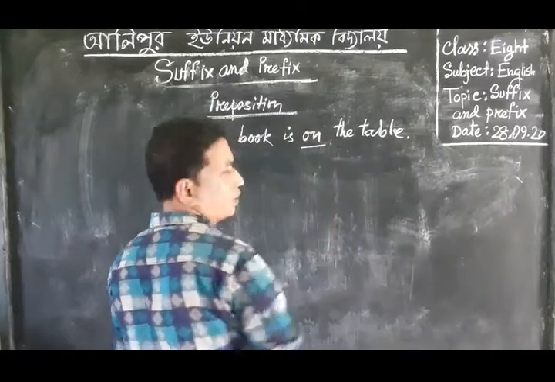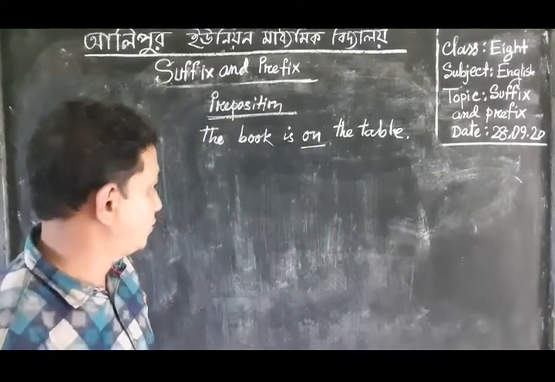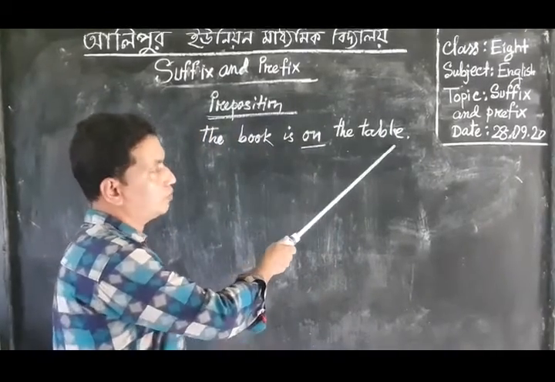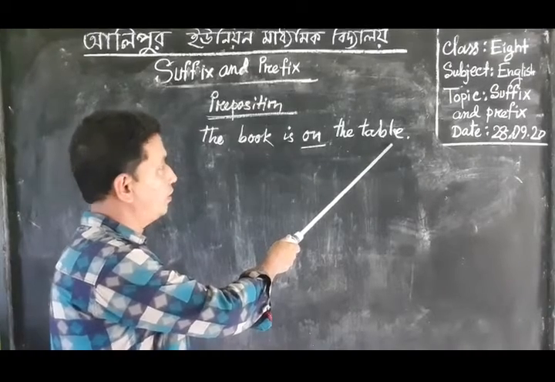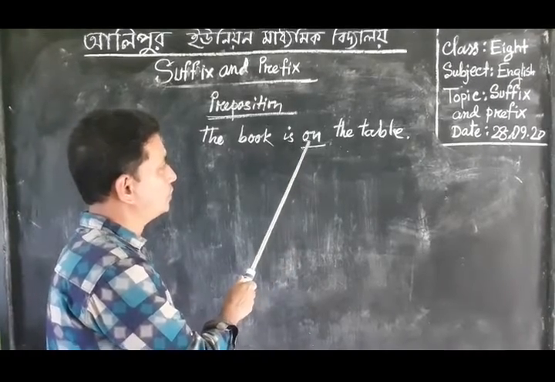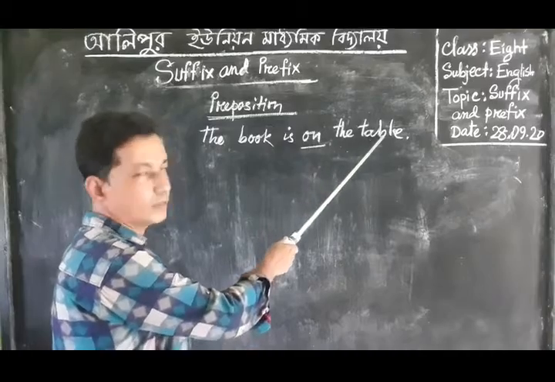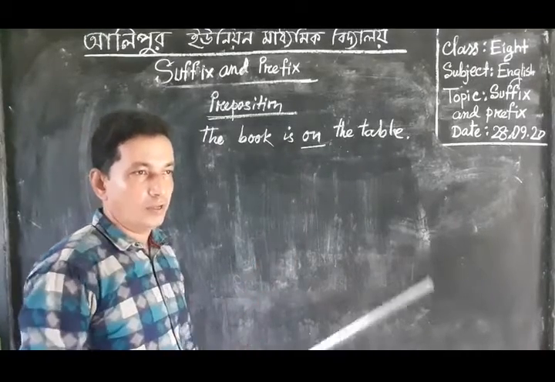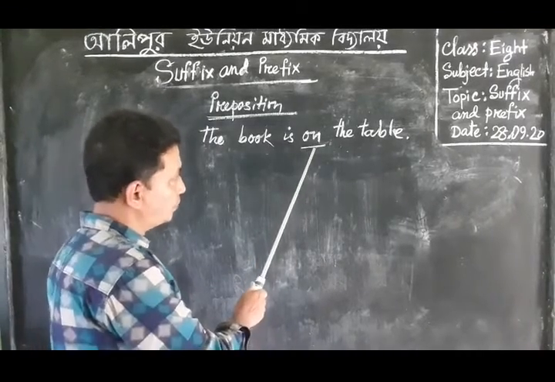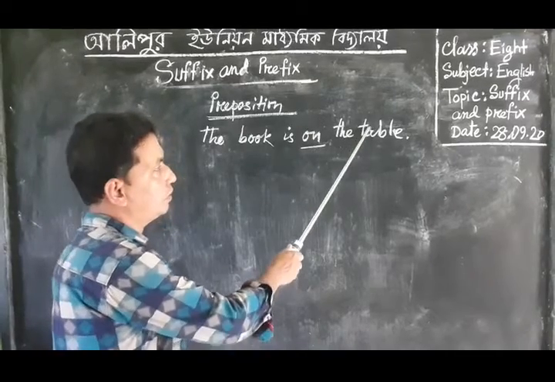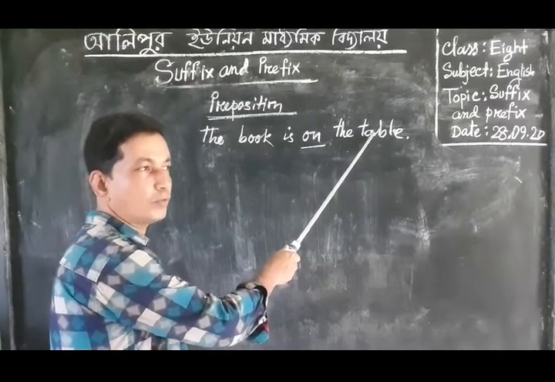Here the preposition is on, and on sits before the word table, and table is a noun. So the preposition on sits before this noun. You should bear in mind that a preposition always sits before a noun or noun equivalent word.